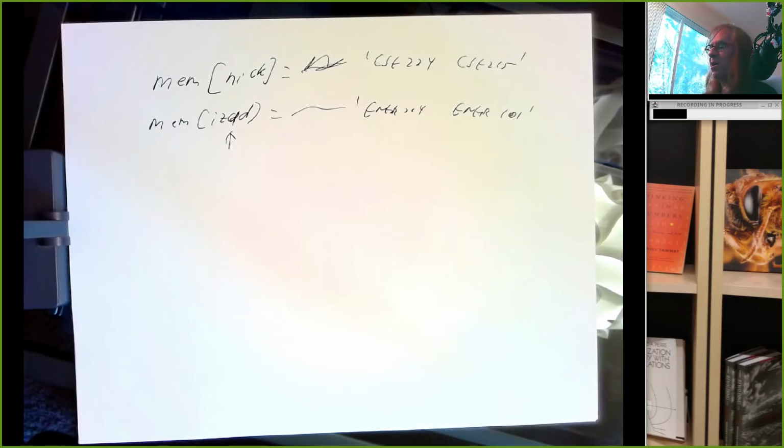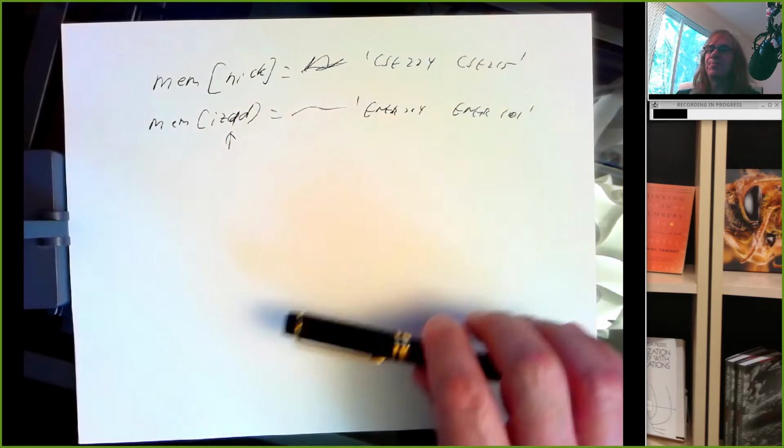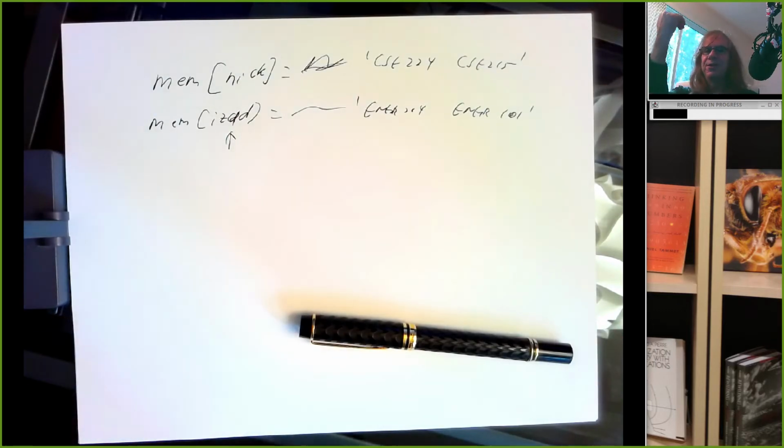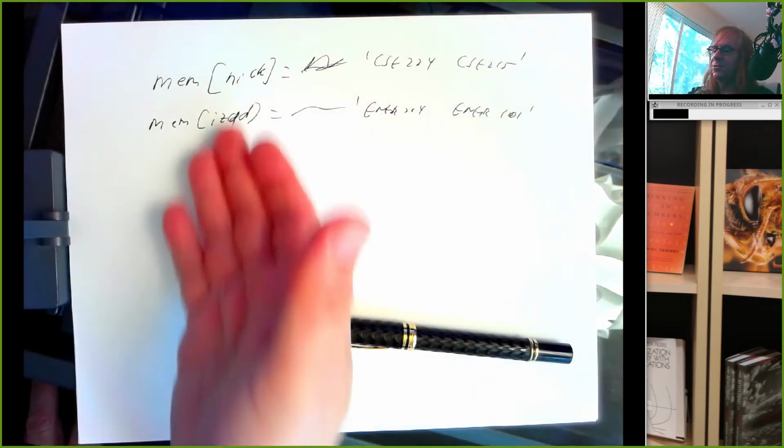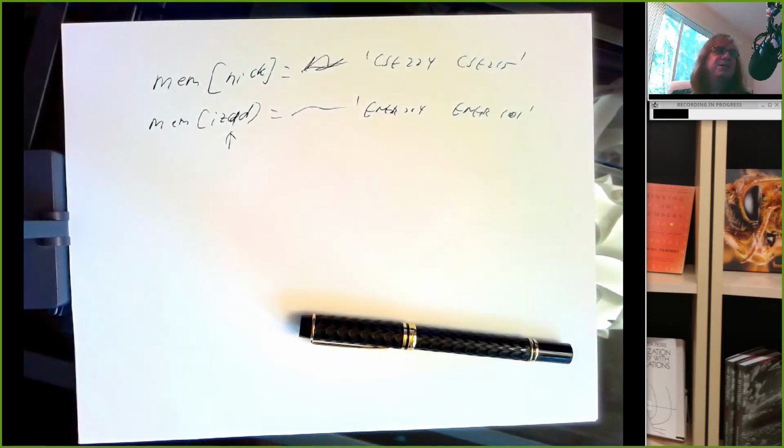But the power of it is that the way we would normally do this in C is we would make a pair of arrays. We'd have an array of names and we'd have an array of data. And if we wanted to find the data associated with Nick, you march through your name array one by one and you look for Nick. And if you find Nick in element 117, then you go to your data array element 117, that's the data associated. In this case, we can actually use a name as an index into an array.